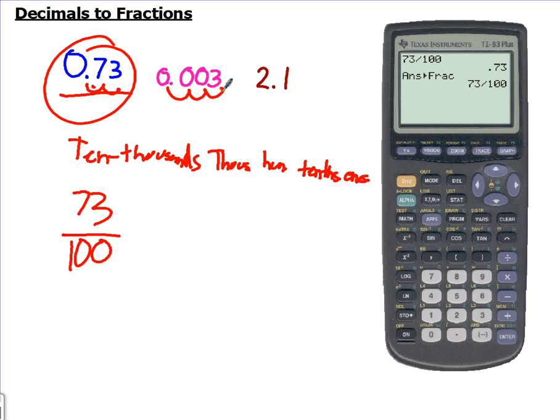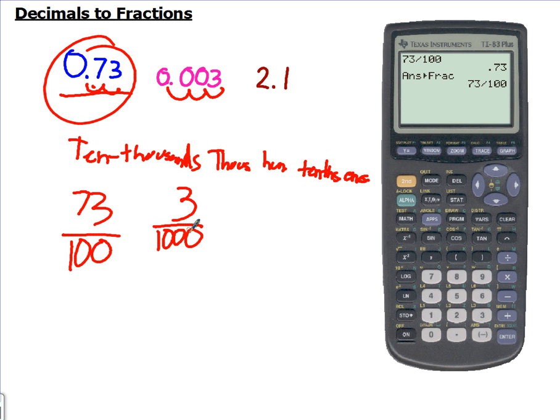And now we can use the decimal number to convert it into the numerator. Our numerator will be 3. And as we know, we have to use 1,000 as the denominator because it is in the thousands place. So that would be 1,000.